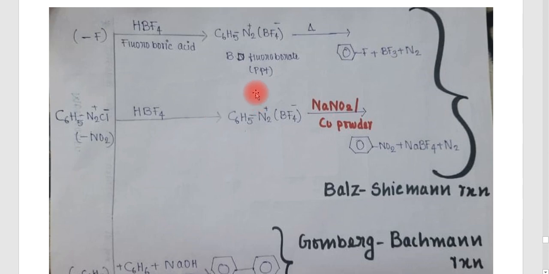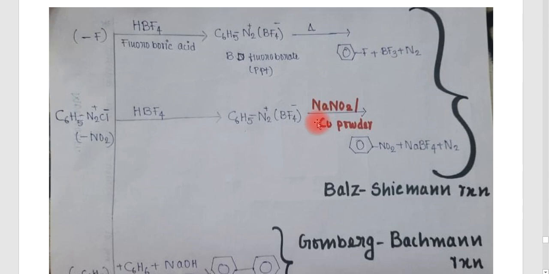This fluoroborate precipitate is filtered and gently warmed, and it decomposes to fluorobenzene. The byproducts will be BF3 plus N2.